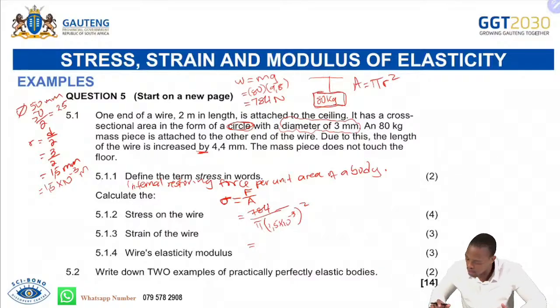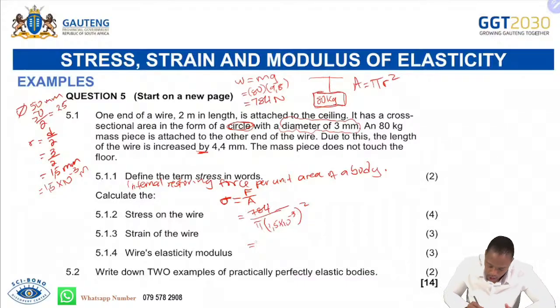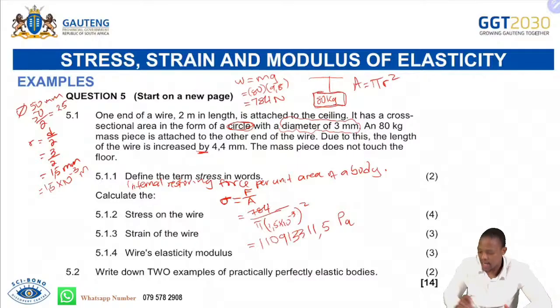Pi will appear on the calculator. Open the bracket, 1.5 times 10 to the power of a negative 3. Close the bracket, square that. What is my stress? A huge number, 1109,13311.5.